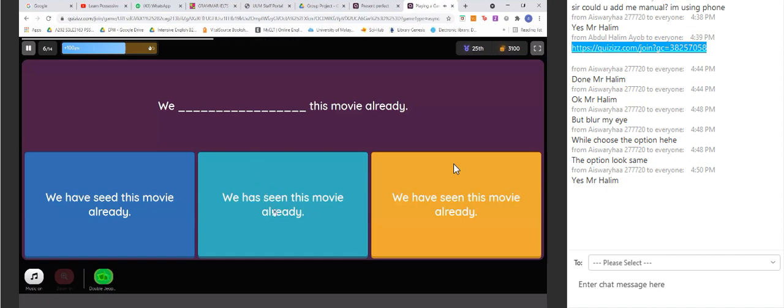I got some students who say "we has". Make sure that it is "we have", because it's a plural pronoun, so the verb should also be plural. So it should be "have". But what is the past participle for the word see? The past participle for the word see is seen.